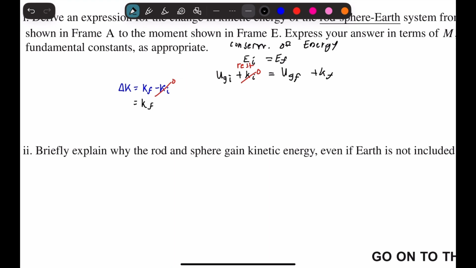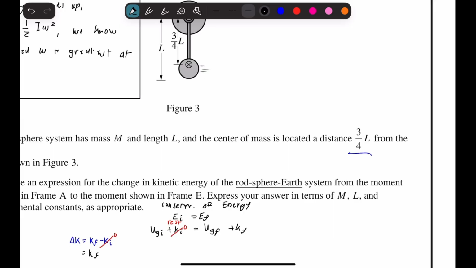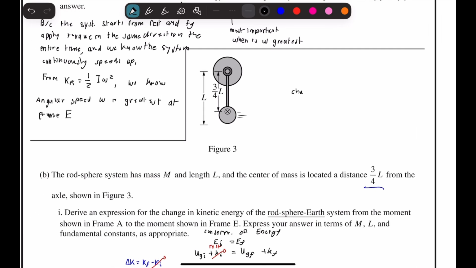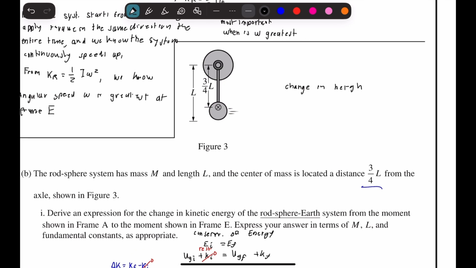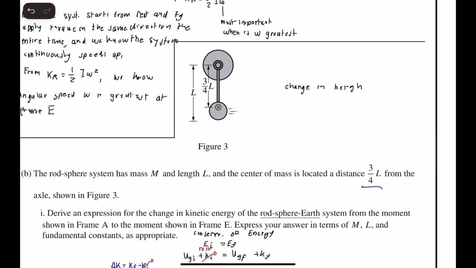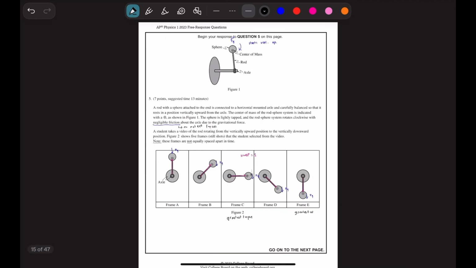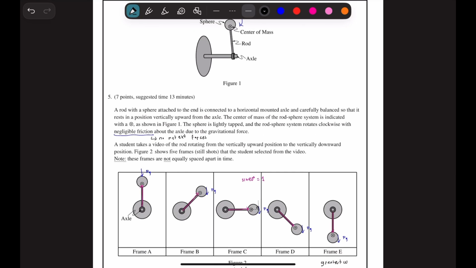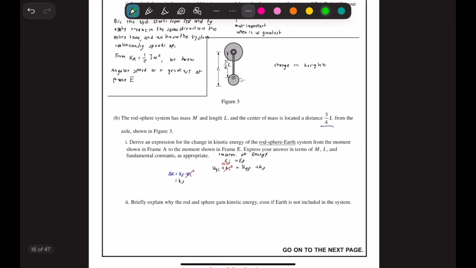Now we want to find the change in height. So from the diagram, we know that the center of mass drops from above the axle to below the axle. So it goes from here to there.